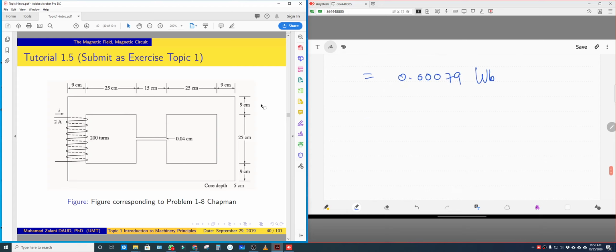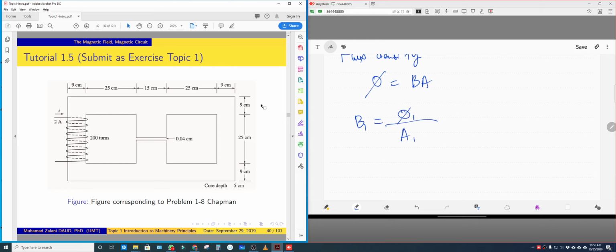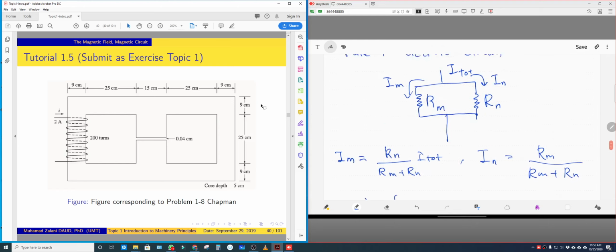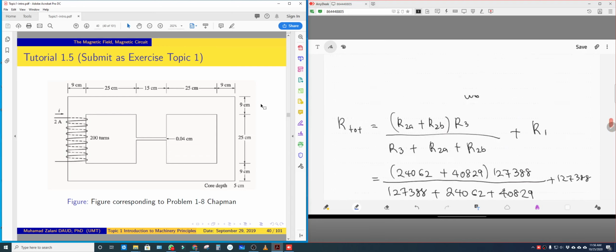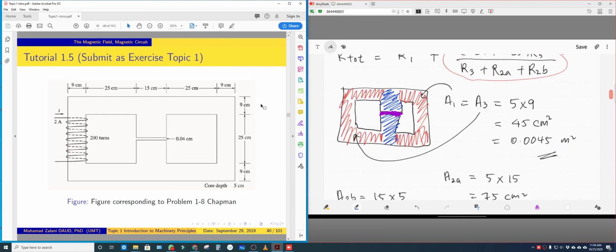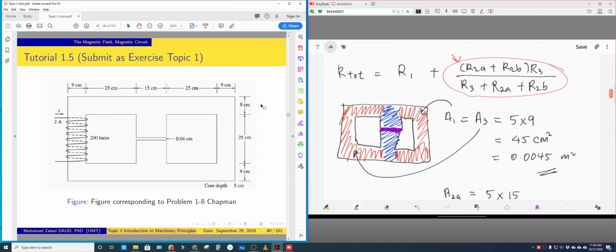Okay, that is for flux. Then the question also wants the flux density. We use phi equals BA. So B1 is phi 1 over A1, and A1 equals A3.